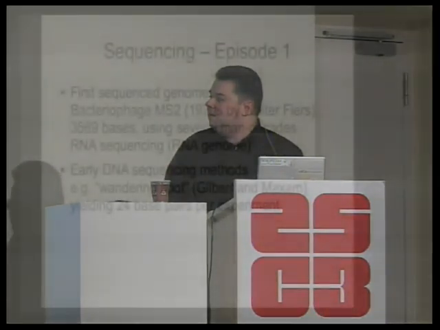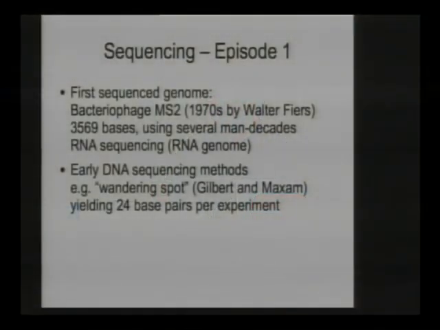Then people started developing DNA sequencing methods, and one of these was a wandering spot method, which yielded 24 bases per experiment, which involved quite a few people working on it.